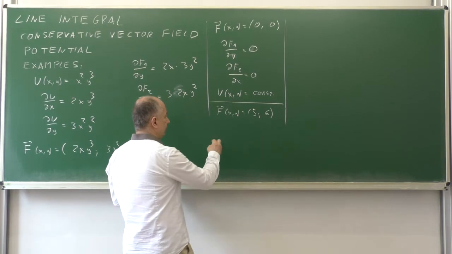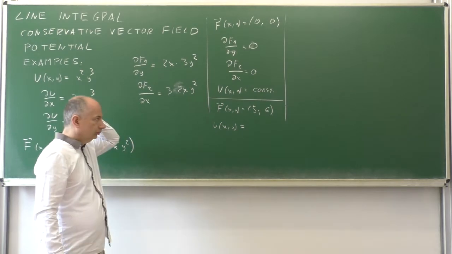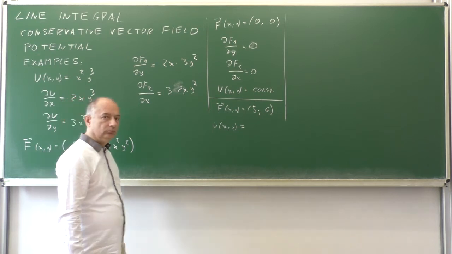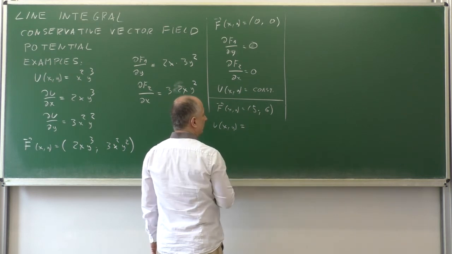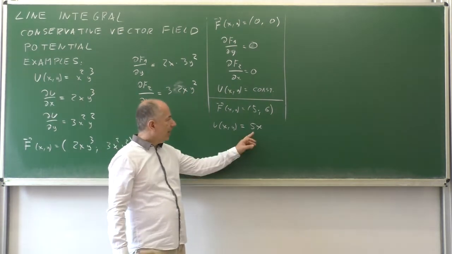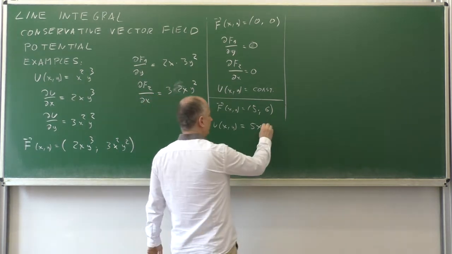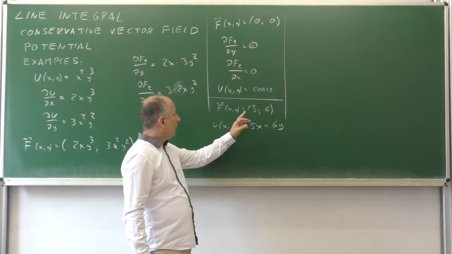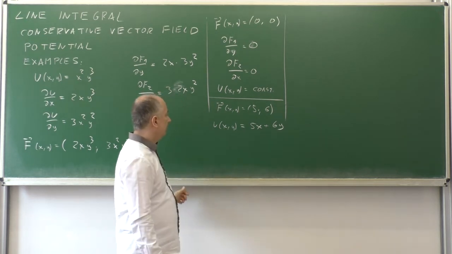And we can guess the potential. We want a function such that its derivative with respect to x is 5, so it looks like 5x. But then the derivative with respect to y should be 6, which is not the case here. But if we add 6y, then we are done. So the constant vector field is conservative, and it is easy to find the potential.